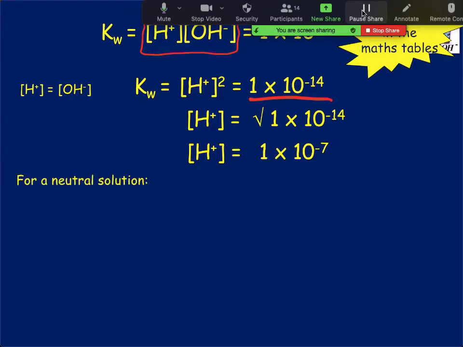So for a neutral solution, your hydrogen ion concentration and your OH minus concentration will be equal to 1 by 10 to the minus 7. And you'll see how this is significant in a second in terms of relating it to pH.